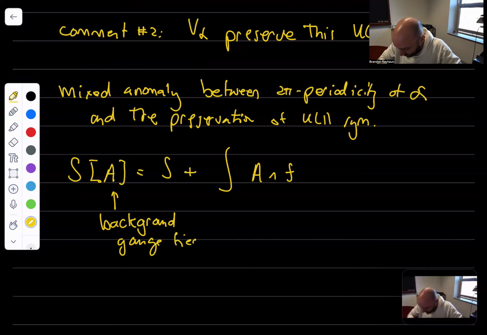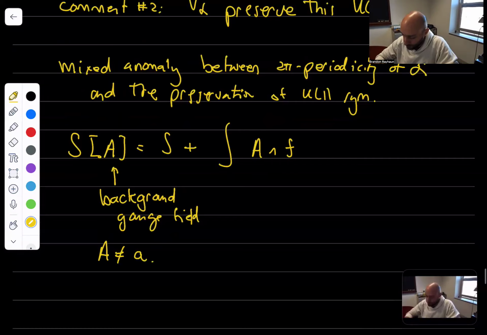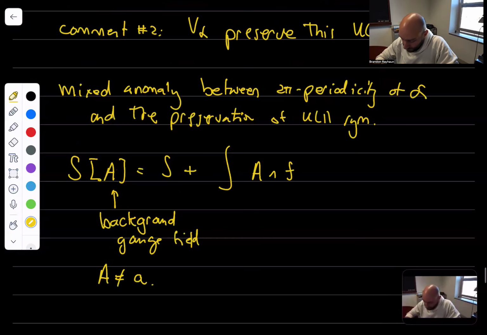This is to be distinguished from the dynamical gauge field in the problem, which is little a, and whose field strength is little f. So the way that you would ordinarily couple the abelian Higgs model to a background gauge field is you would take the original action and you would simply add this term.